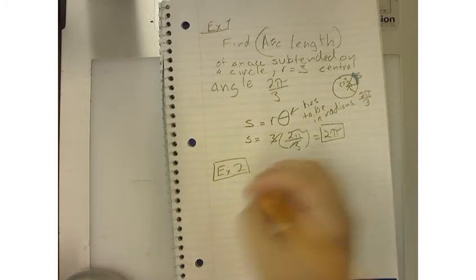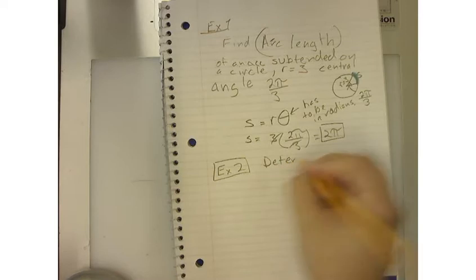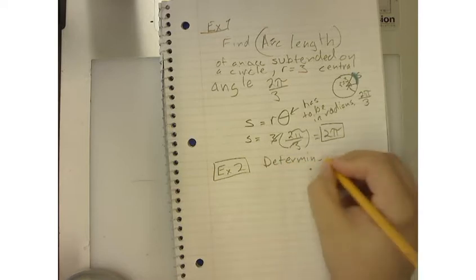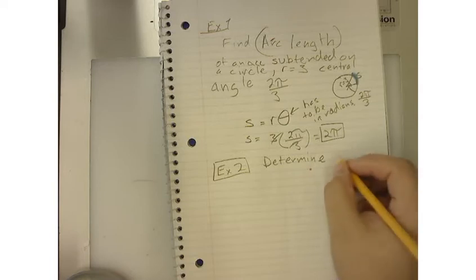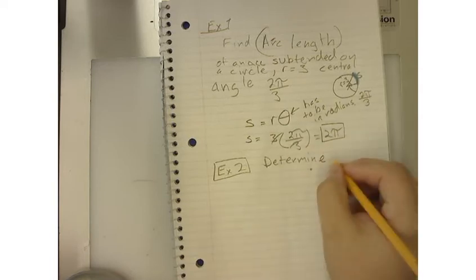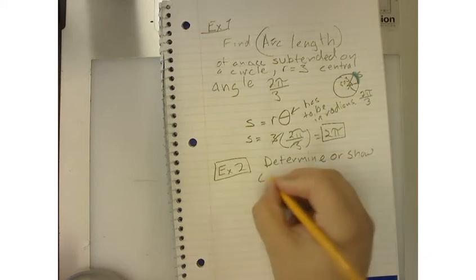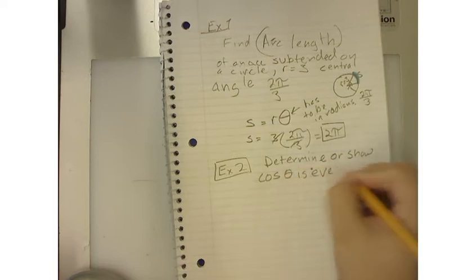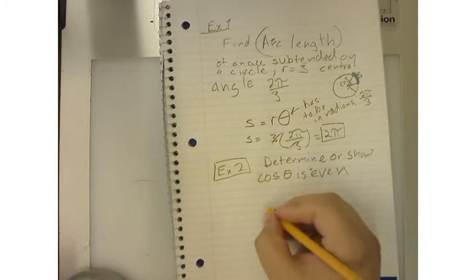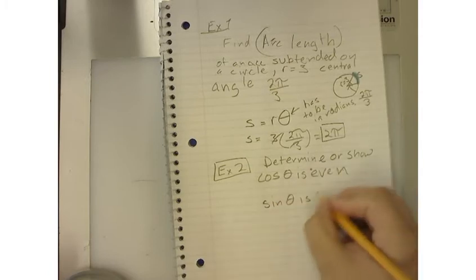What they want us to do is determine, we need to figure out that cosine of theta is even, okay, and we'll talk about that, and that sine of theta is odd.